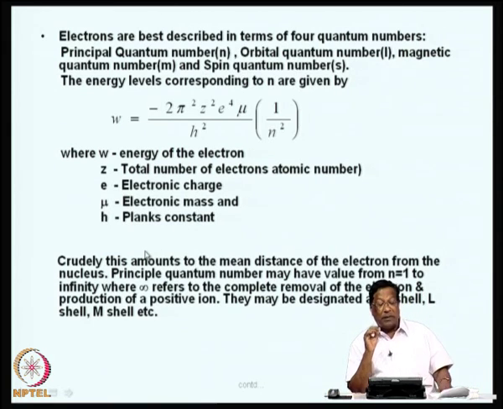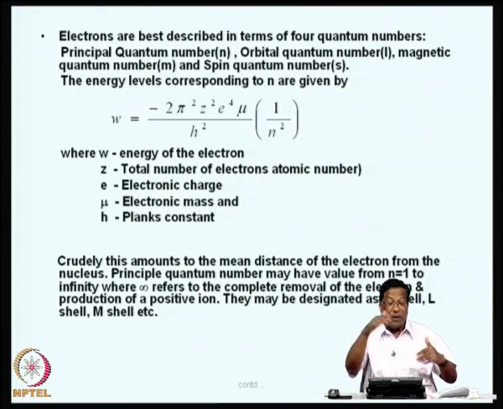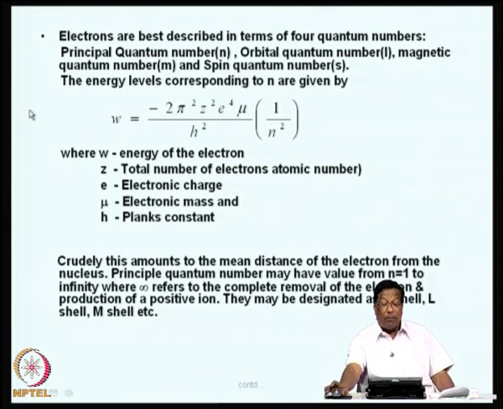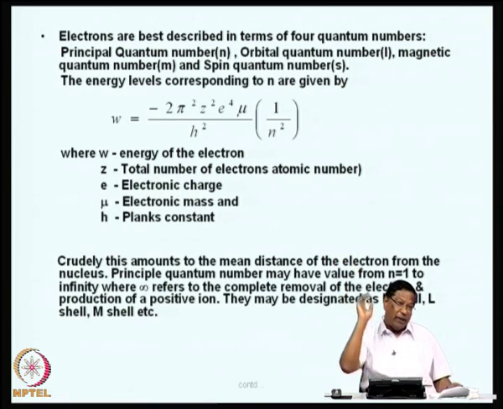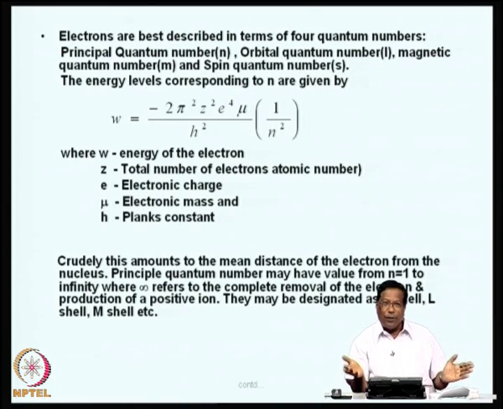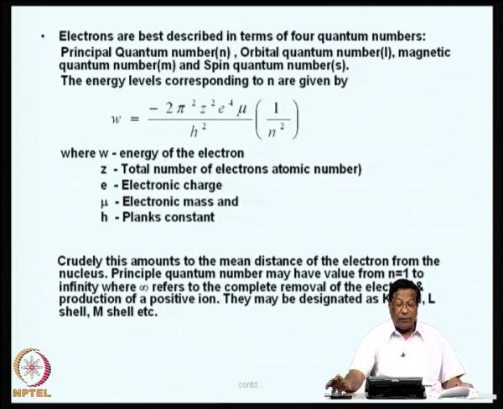Crudely, what does it mean? It means this amounts to the mean distance the electron can be found from the nucleus. Principal quantum number may have values from n is equal to 1 to infinity. Of course, infinity means where an electron cannot be found, that is an ion, but it is not actually so in actual practice.